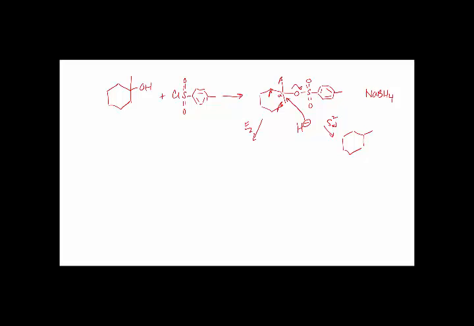So my H minus, if it decides to do E2, is it going to remove HA? Or is it going to remove HB?